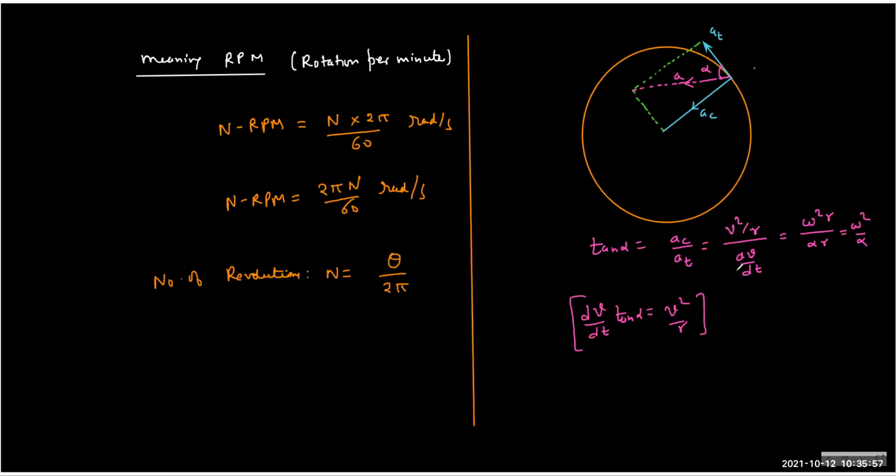So the AT can be replaced by alpha R. And we know that we can relate alpha with omega only, we cannot relate alpha with velocity. So when we use omega for expressing the AC, we use alpha for A tangential, and vice versa. So the idea is we have to keep the differential equation intact.